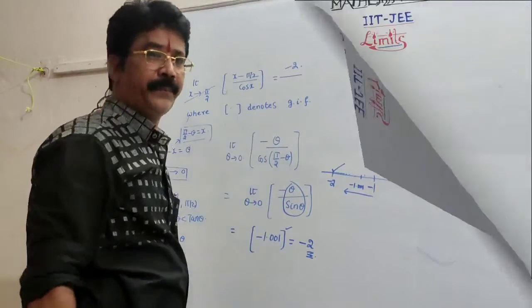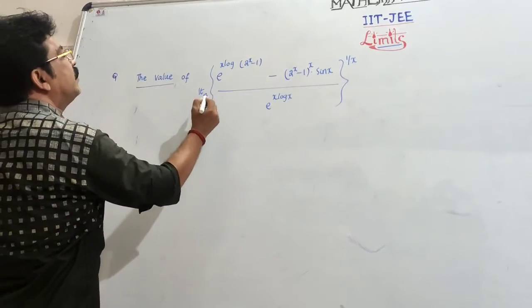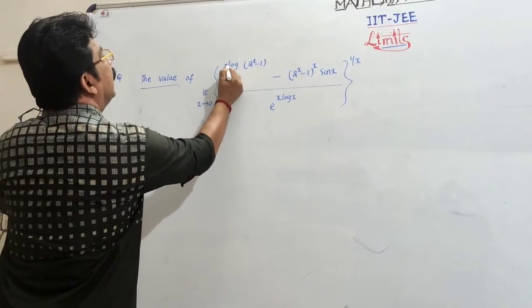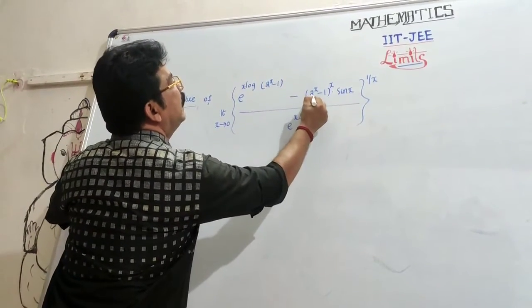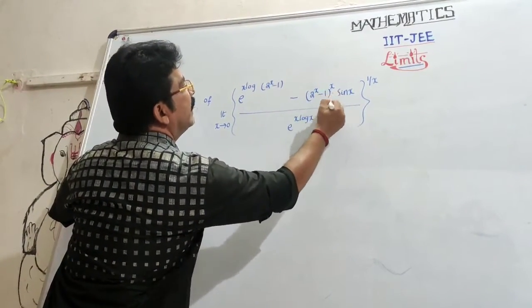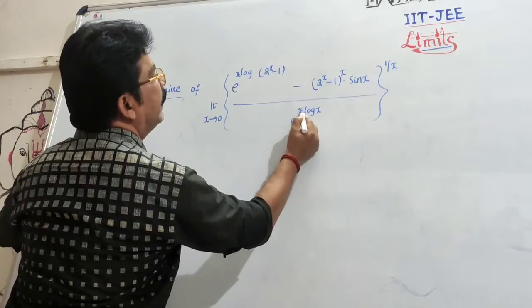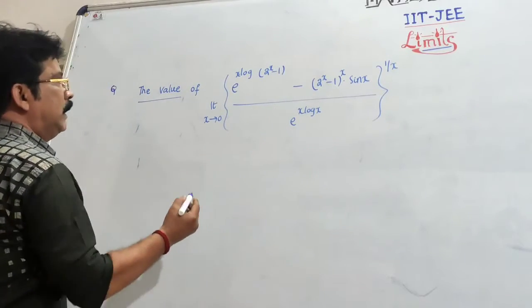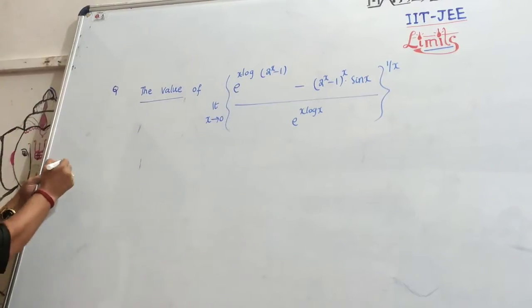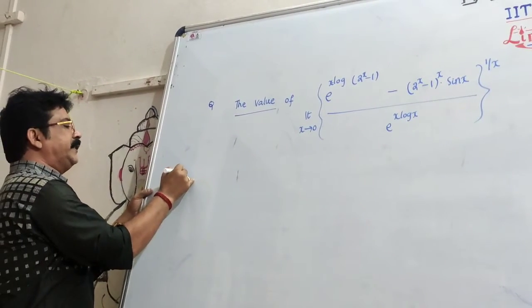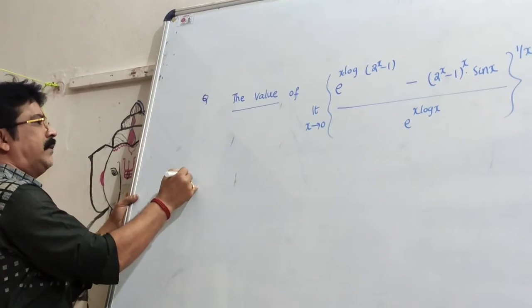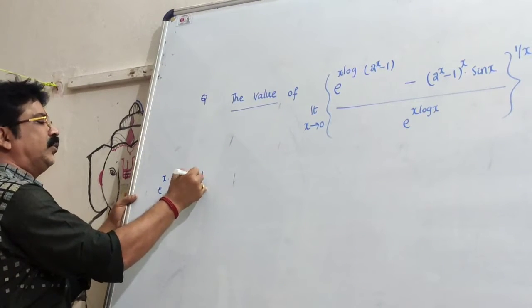Hence the problem. The value of limit x tends to 0 of (e power x into logarithm of (2 power x minus 1) minus (2 power x minus 1) whole power x into sin x) whole divided by e power x into logarithm of x. Actually, let us consider the function e power x into logarithm of (2 power x minus 1).